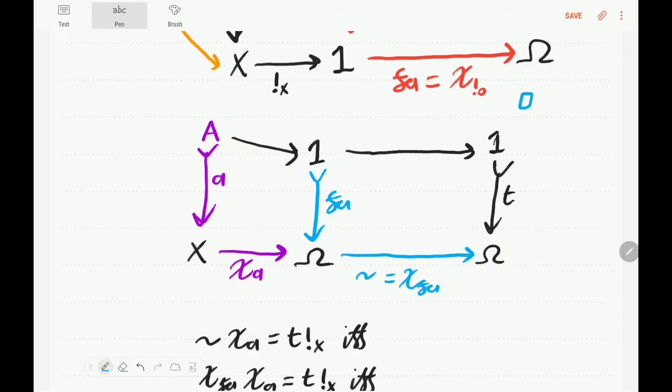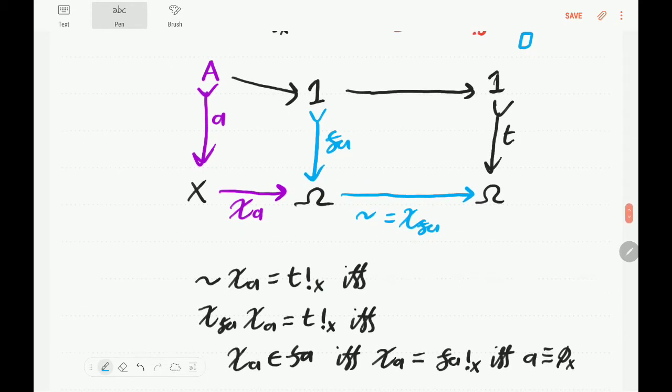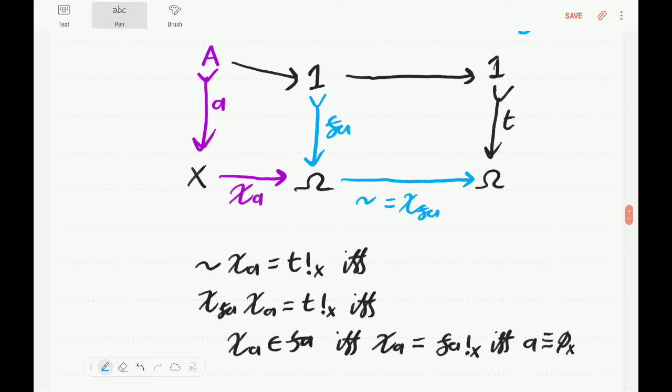Suppose we have a subobject little a of capital X. Then what does it mean to say not chi a is equal to true after exclamation mark X?